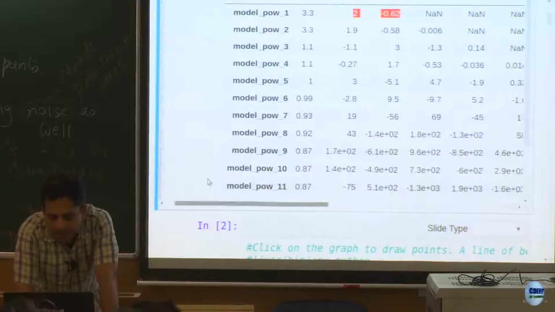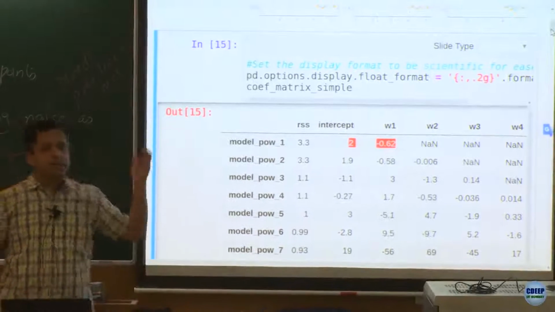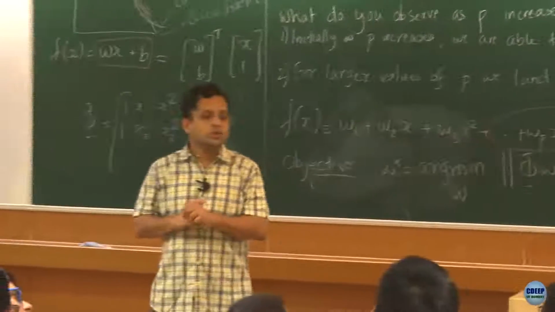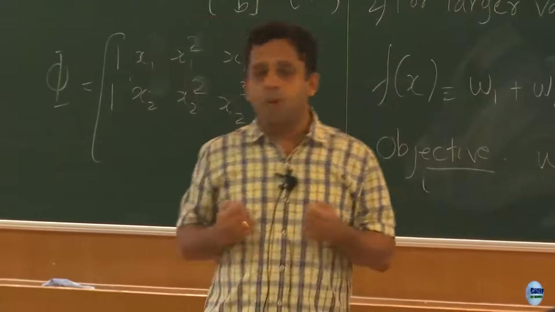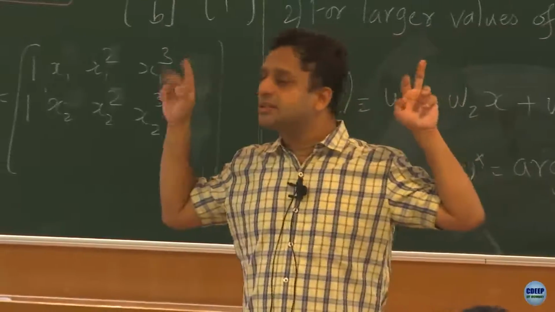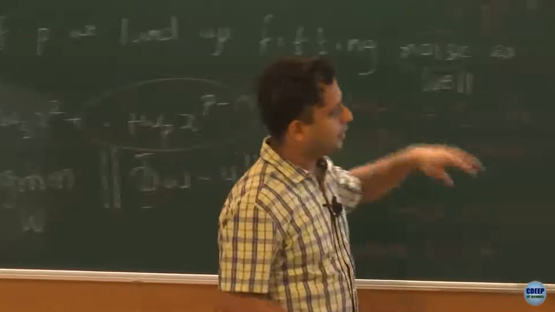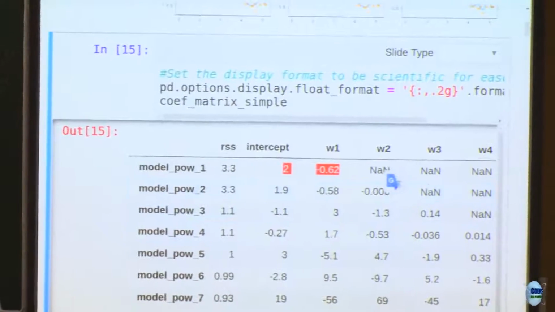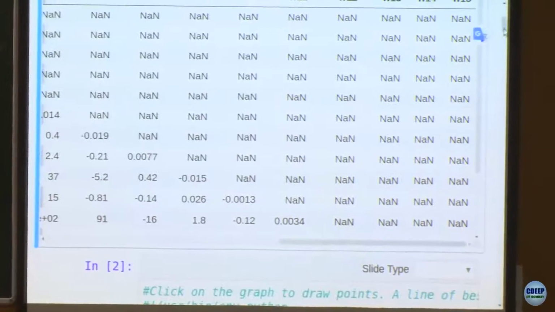Now, how do you measure that lots of components of W are becoming non-zero? Overall, the magnitude of W is increasing. In fact, I could also plot the norm of W. I probably forgot to do it, I'll do it later on.